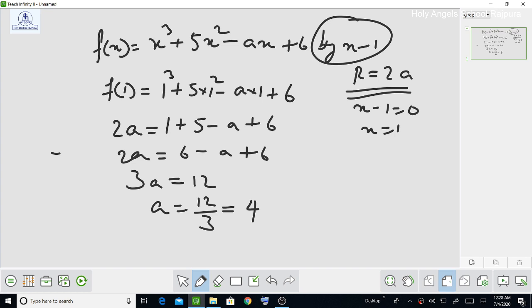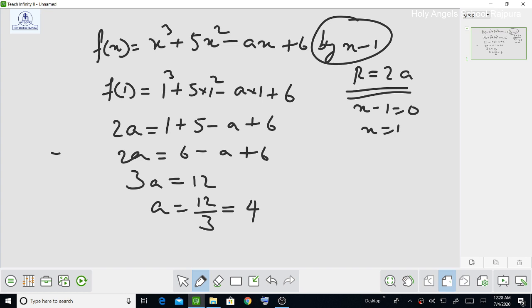Since it is divided by x minus 1, we equate x minus 1 is equal to 0, x is equal to 1. F(1) we are finding, that is, x value we are substituting with 1. 1 cube plus 5 into 1 square minus a into 1 plus 6. You get the remainder.